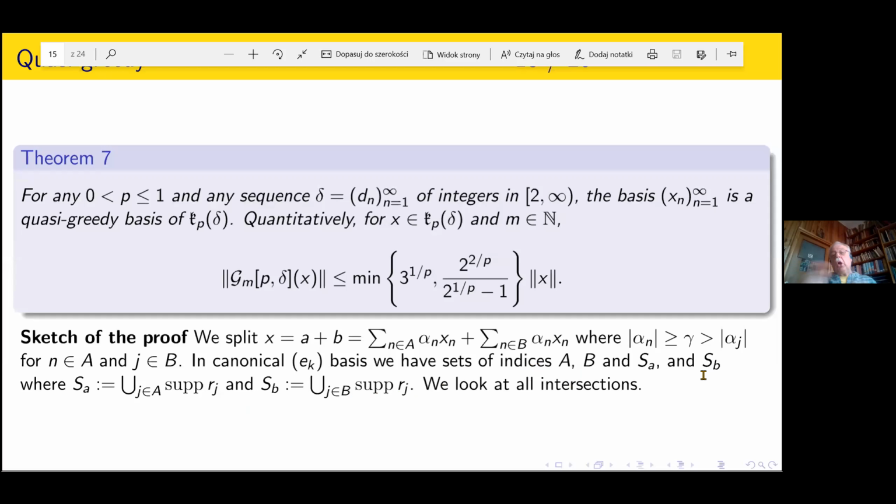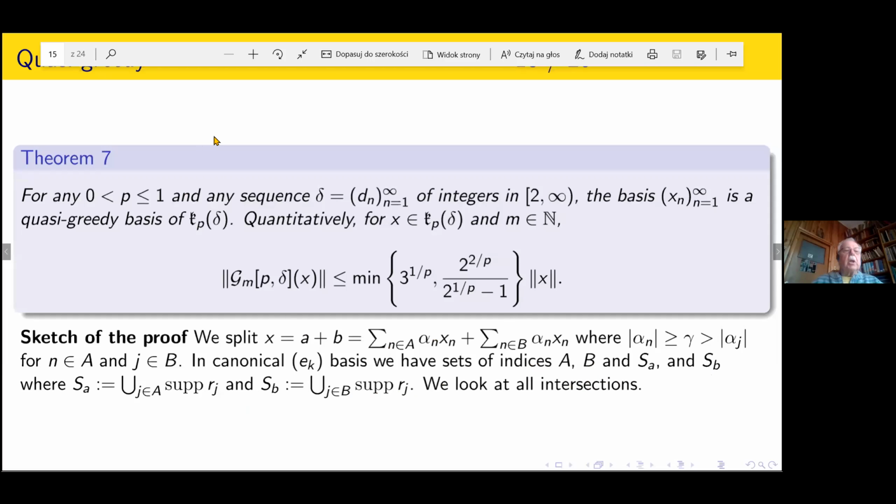But then you look at all the possible intersections and complements of the intersections, and you say, here is a vector with a small coefficient, and there is the other one which is big, and you do it. That's boring maybe, but still fun.